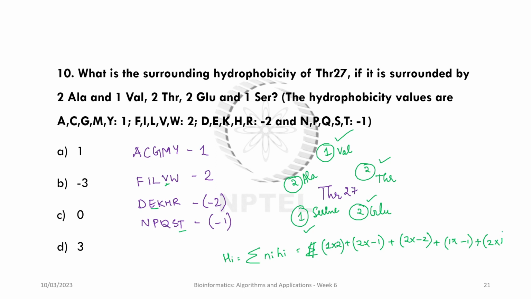Alanine is A, which is 1. So to summate, 1 into 2 is 2, 2 into minus 1 is minus 2, 2 into minus 2 is minus 4, minus 1, plus 2. 2 and 2 go away, minus 5 plus 2, minus 3.